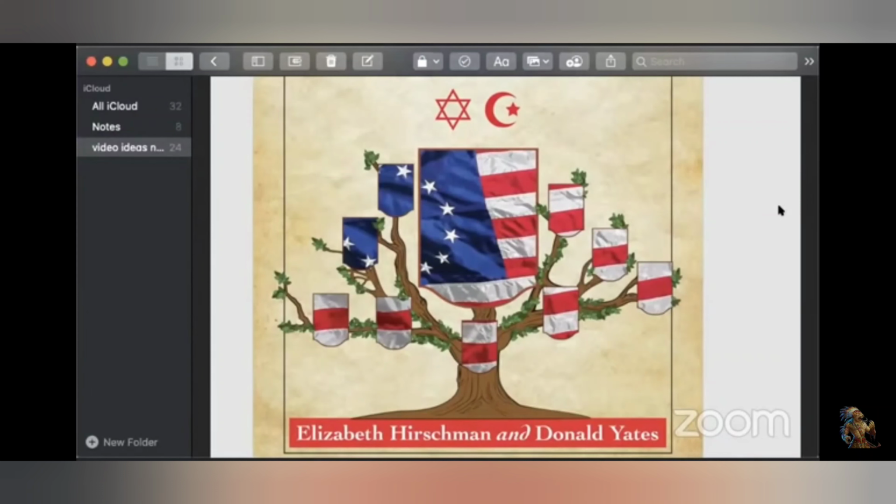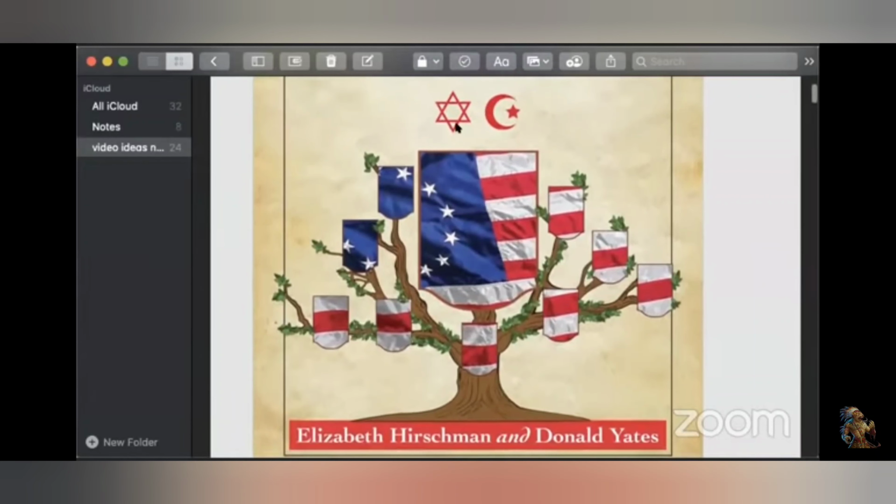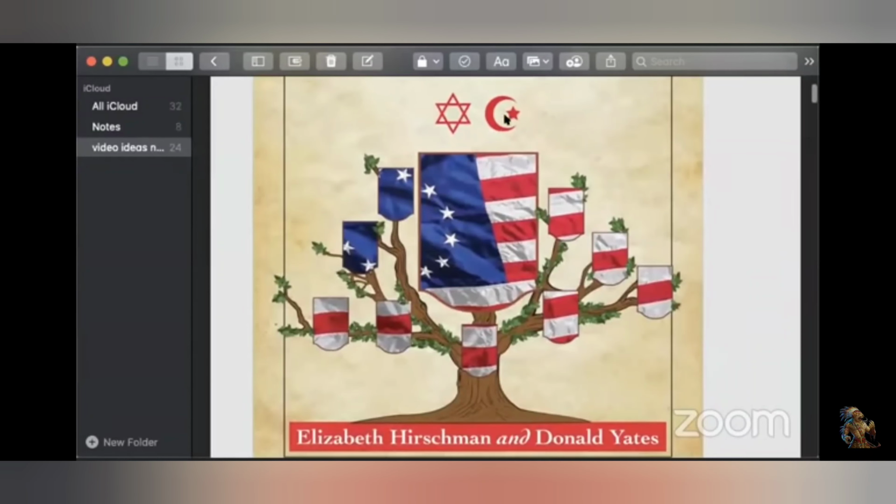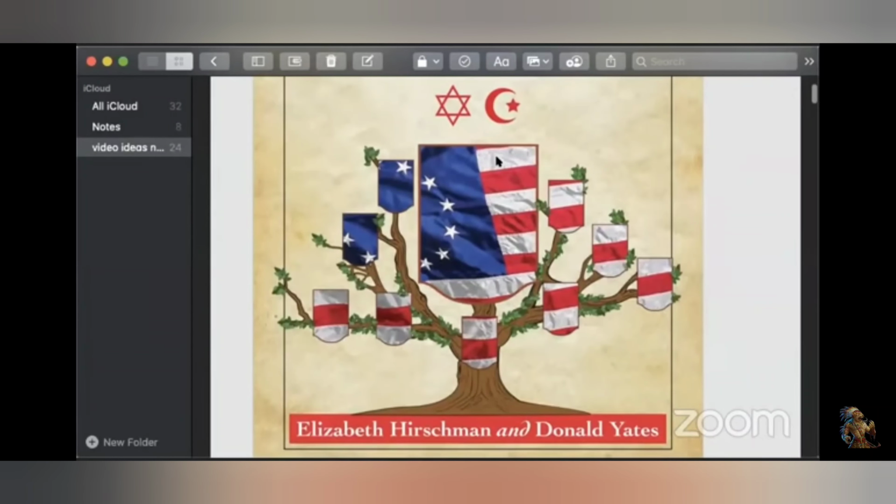Tree of Life, Fan Tree, St. Cloud. Now we see two symbols. What are these two symbols on the top? We see the Star of David and the crescent moon. Wouldn't that be a so-called Hebrew or Jewish symbol and a so-called Muslim Islamic symbol together? Aren't they at war today all the time, supposedly? That's what they tell us.